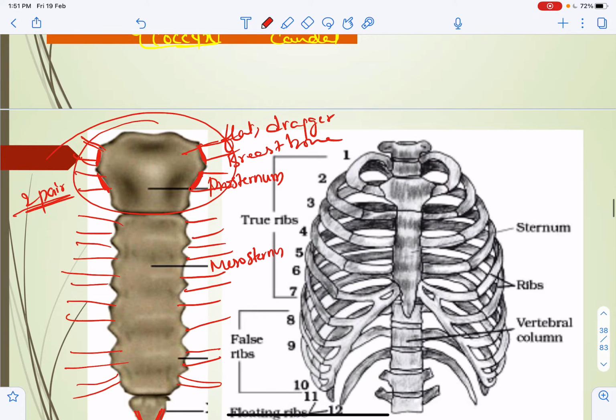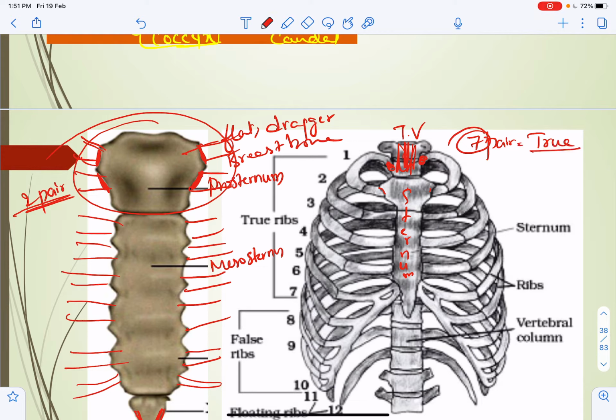Out of the 12 pairs, the first 7 pairs are called true ribs, because they are attached dorsally with the vertebral column, mainly the thoracic vertebrae, and ventrally with the sternum. If both dorsally and ventrally attached, then they are called true ribs.